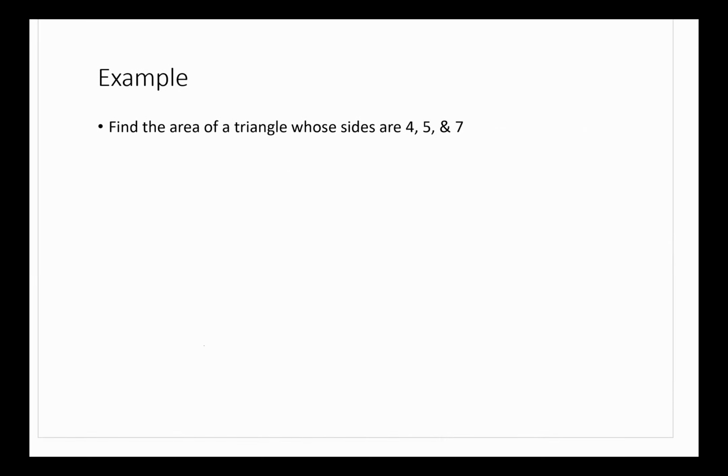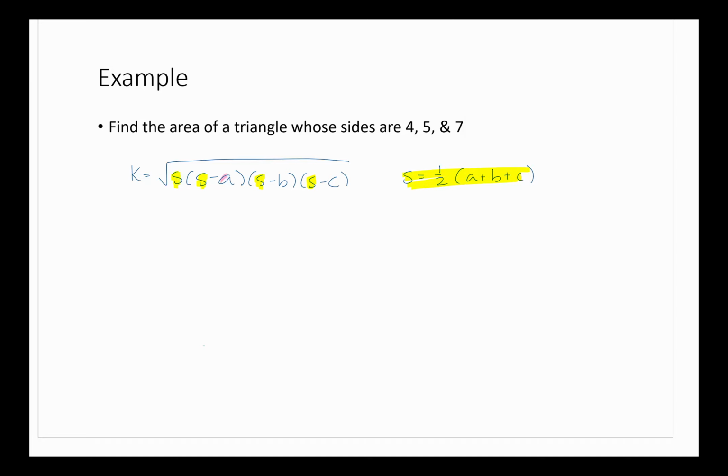So I want to find the area of a triangle whose sides are 4, 5, and 7. Let's remind ourselves of that formula above. You can scroll up and see it, or over time you'll have it in the back of your mind. We know that s is equal to half of the sum of a, b, and c. So s is our semi-perimeter, and we need that for this formula.